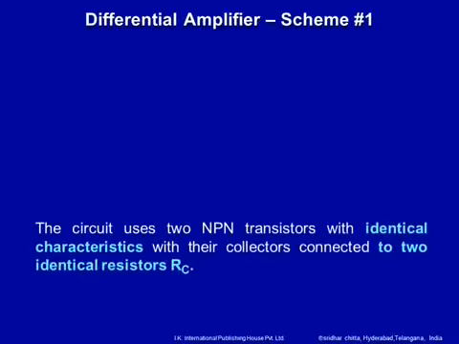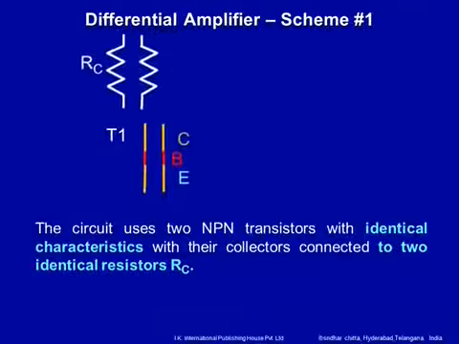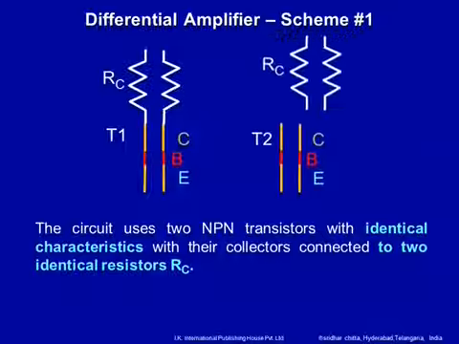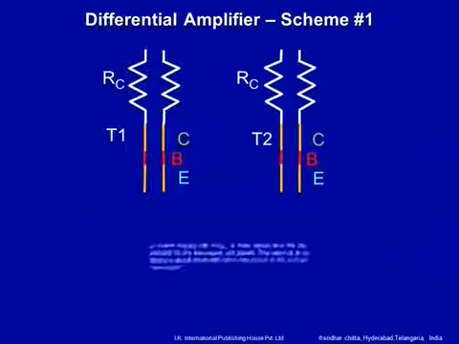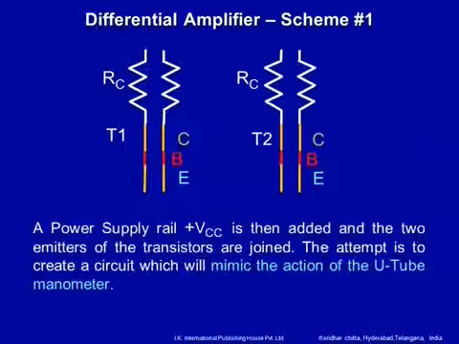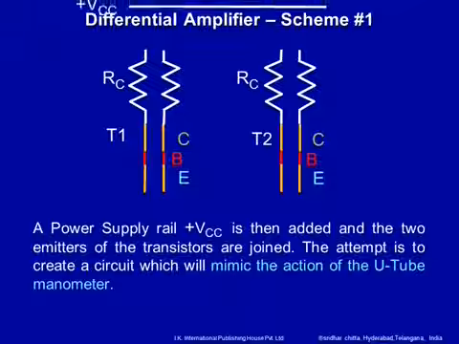The circuit we will show uses two NPN transistors with identical characteristics with their collectors connected to two identical resistors RC. A power supply rail plus VCC is then added, and the two emitters of the transistors are joined.